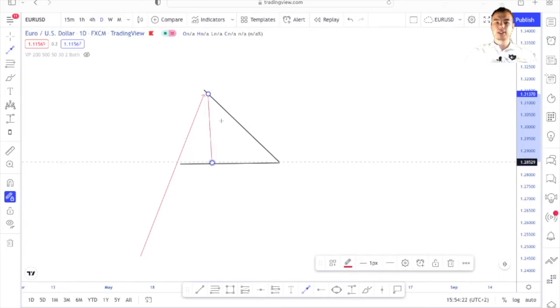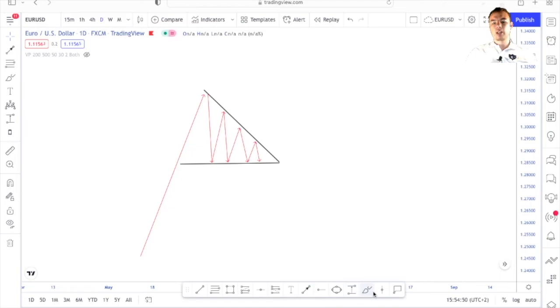Then what happens is price pushes down, doesn't go higher, it makes a lower high, then an equal low, lower high, equal low, lower high, equal low. Can you see how the price is basically getting squished?